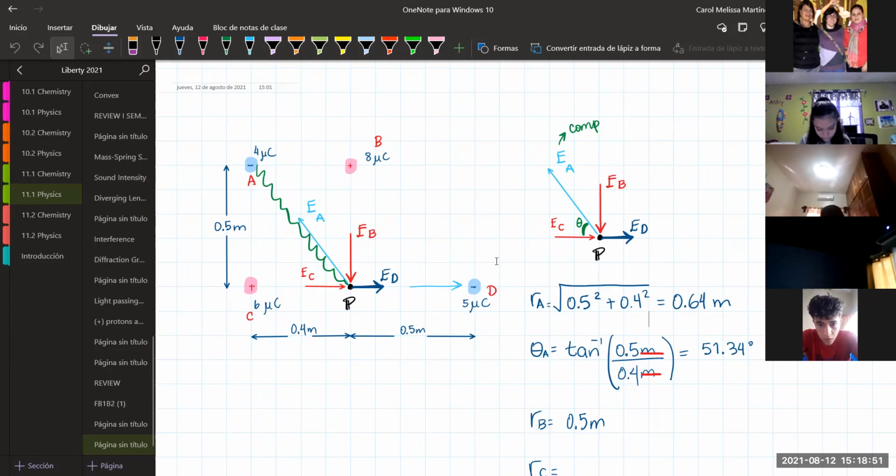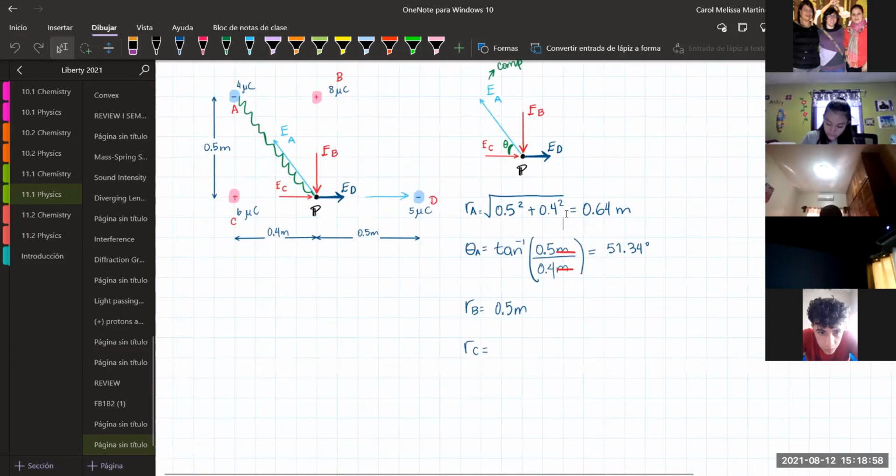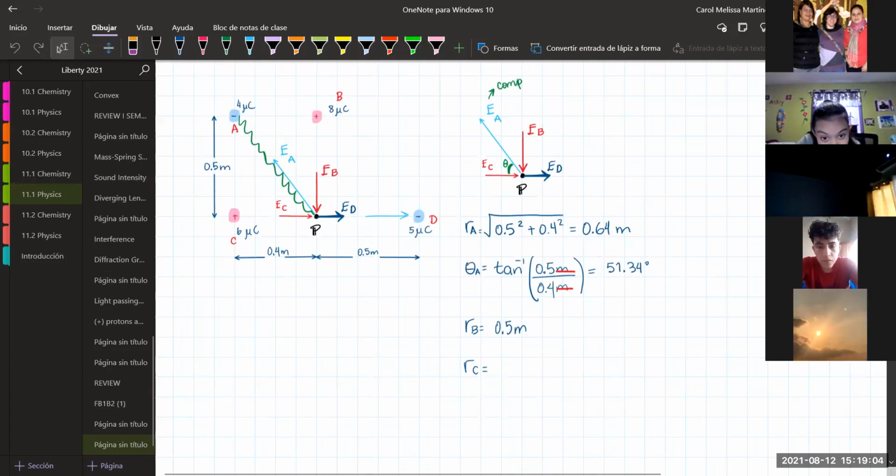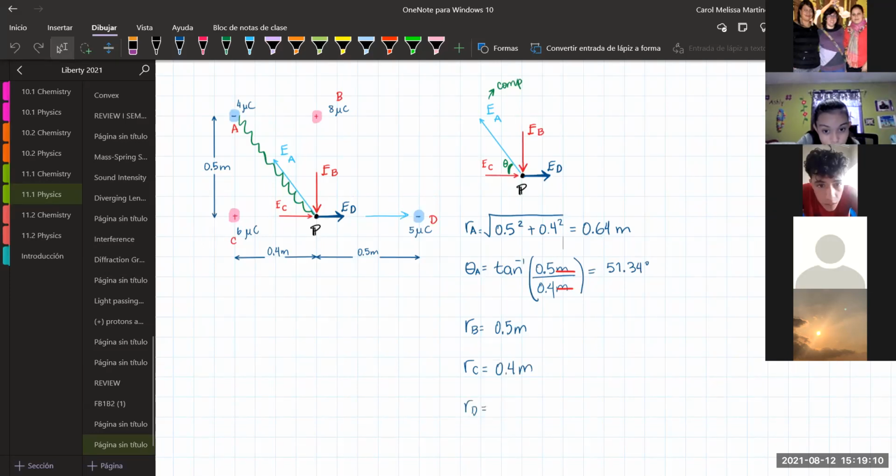What is the distance C? 0.4 meters. What is the distance D? 0.5 meters.